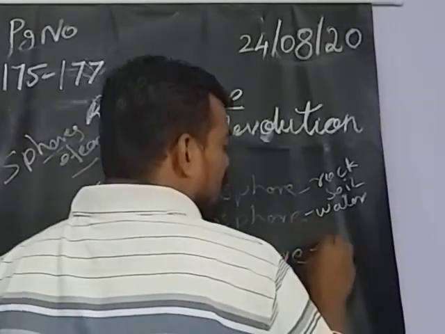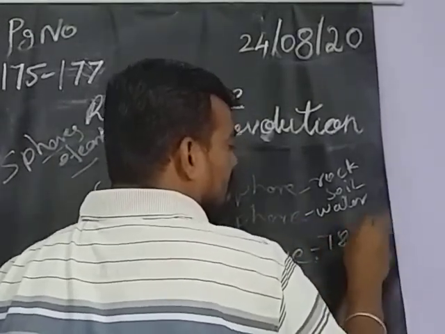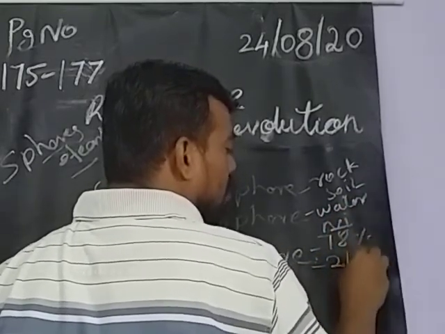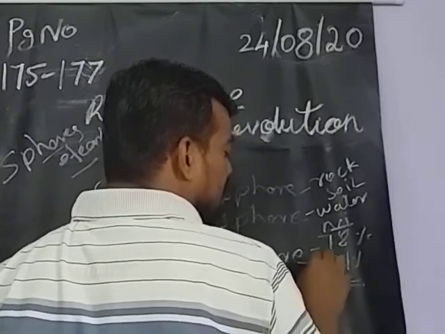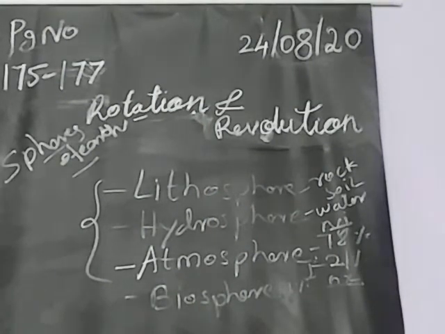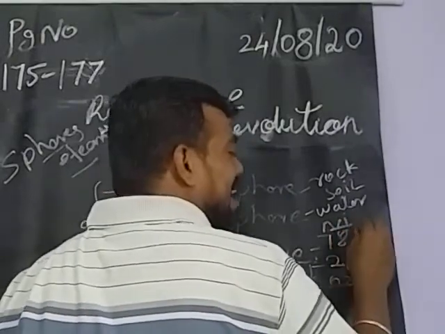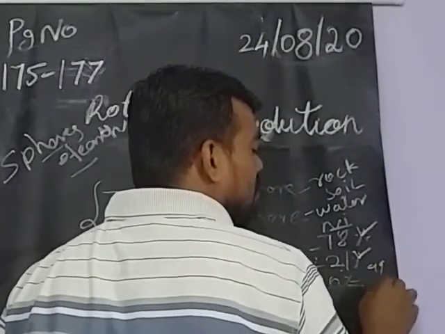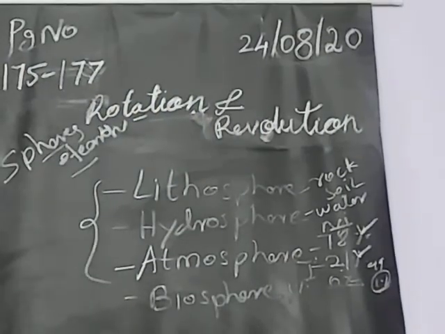In the atmosphere we have nearly 78% nitrogen and 21% oxygen. The remaining 1% is other gases like helium, hydrogen, carbon dioxide. So 78% nitrogen and 21% oxygen make 99%, and the remaining 1% belongs to other gases.